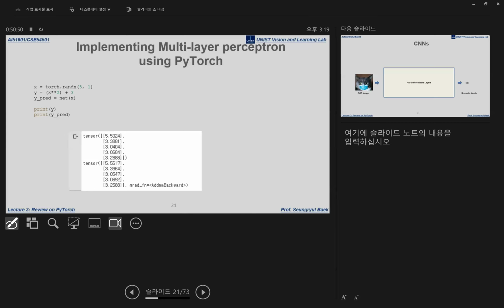This is the X for generating 5 random testing samples. This is the Y generated by the true quadratic function. And this is Y predict, generated by the trained network that mimics the quadratic function.